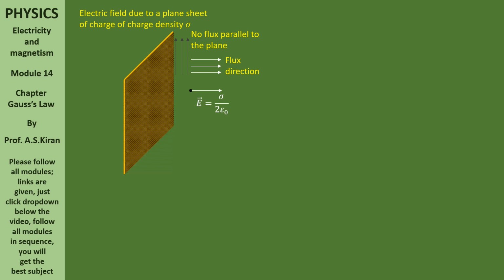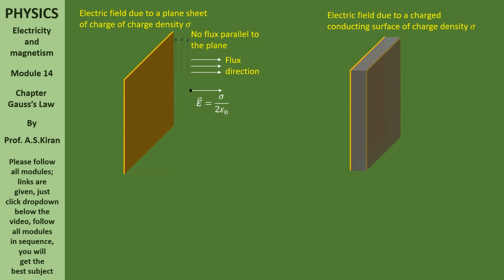But in the second case, electric field due to a charged conducting surface of charge density sigma. Here we are going to discuss a charged conducting surface of a charged block. Let us observe carefully. Yes, there is a charged block, but it is conducting.